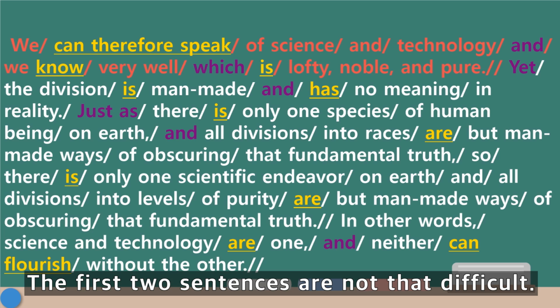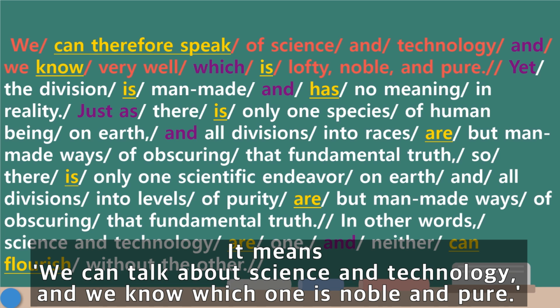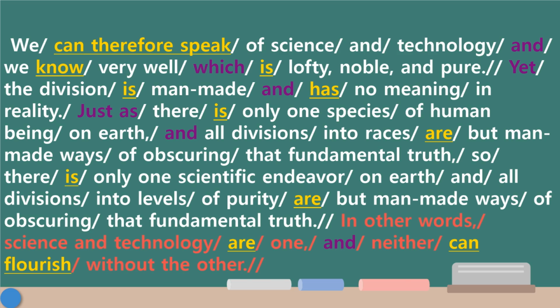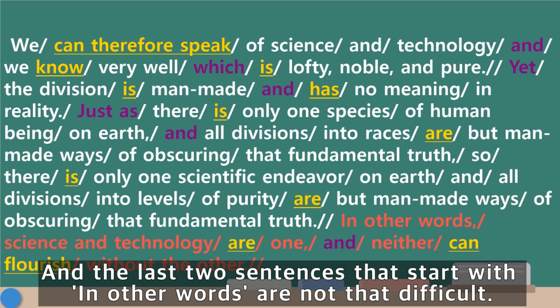The first two sentences are not that difficult. It means we can talk about science and technology, and we know which one is noble and pure. And the last two sentences that start with "in other words" are not that difficult.